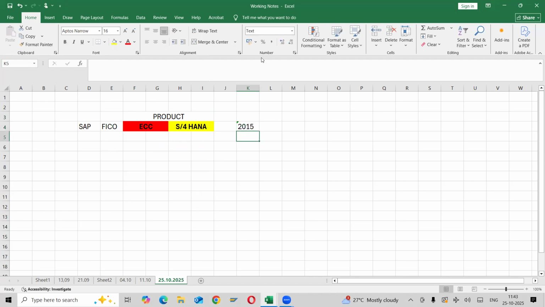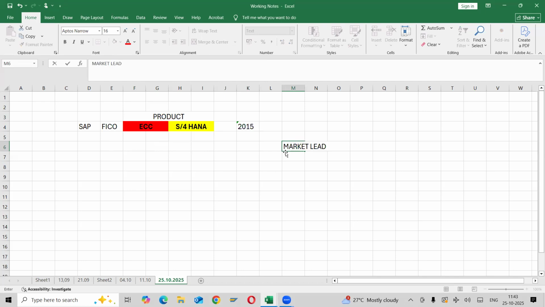Clear? From 2015, we are using S4 HANA. Again, I'm reiterating: yesterday SAP released a statement that they are the market leaders for 2025 also.